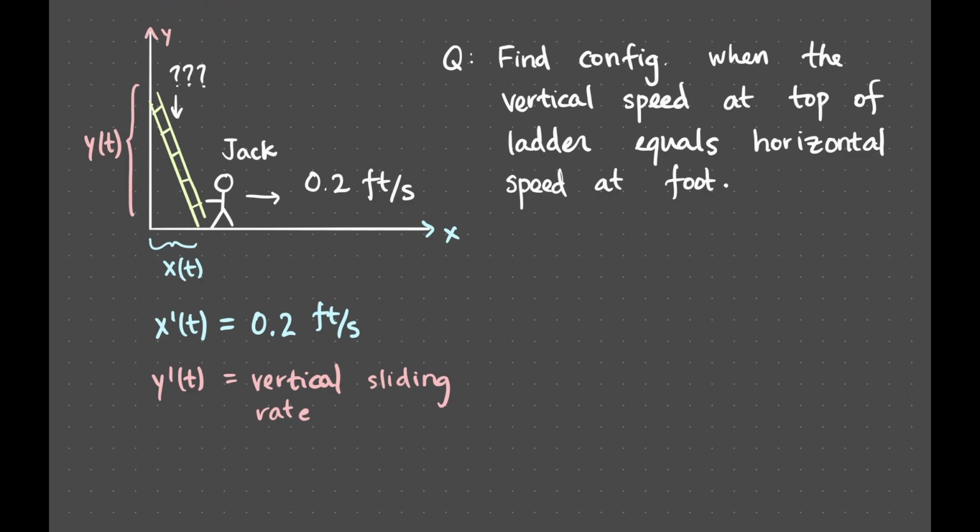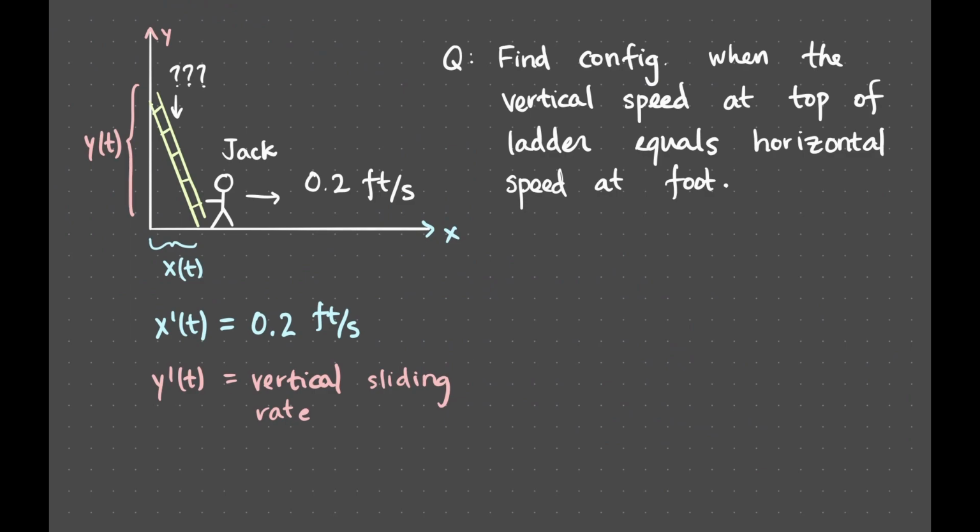In other words, at the instant in question, the magnitude of y prime of t will be 0.2 feet per second. Specifically, because y denotes the upward distance, we know that y prime will always be negative, since the upward distance is decreasing. So, at the point in question, y prime of t equals minus 0.2 feet per second.